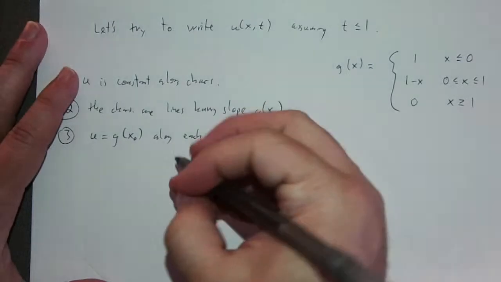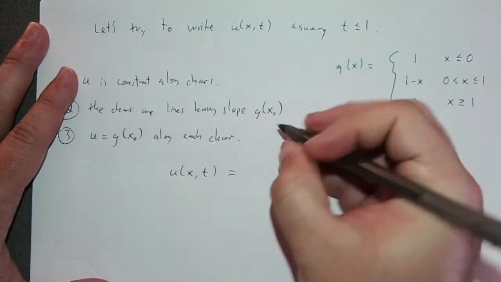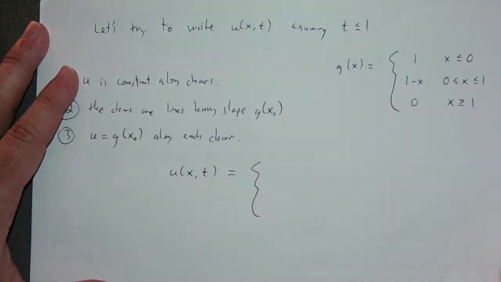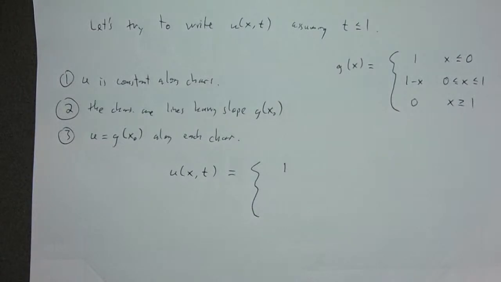And so u of x,t is 1 if x is less than or equal to t.